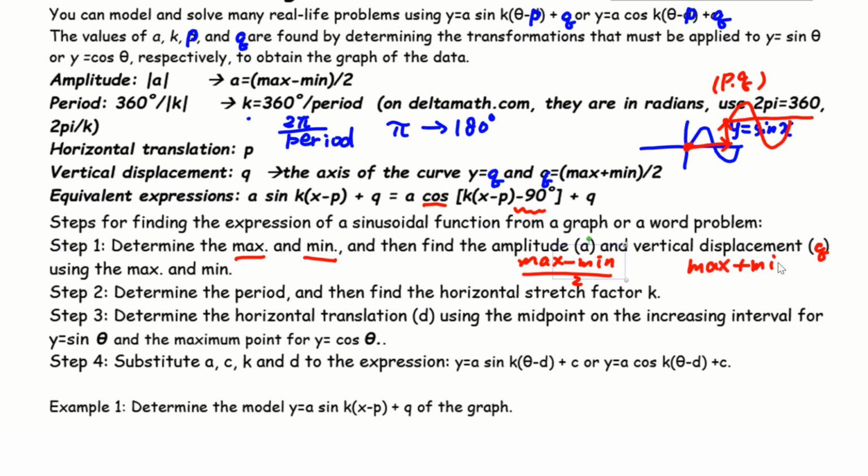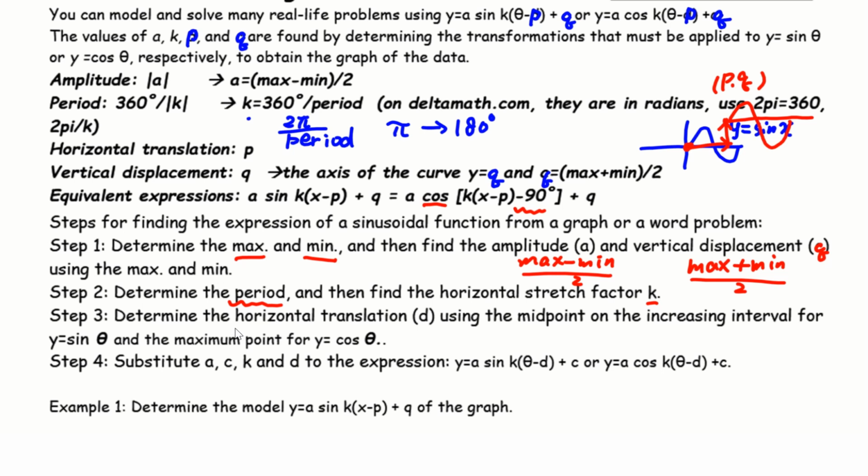Then from the graph or given information, find the period, and then we can find the k value: 360 divided by period, or 2 pi divided by period for the unit in radians.